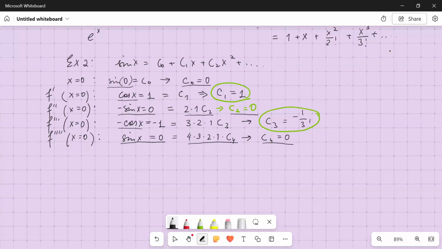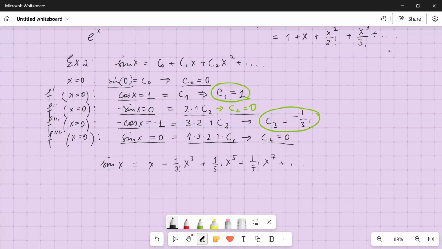Now we can just write the series for sine of x. Sine of x is going to be c0, c1 is equal to 1, so it's going to be x. There is no c2, so no quadratic term, minus 1 over 3 factorial x cubed plus 1 over 5 factorial x to the power of 5 minus 1 over 7 factorial x to the power of 7, and some other terms.